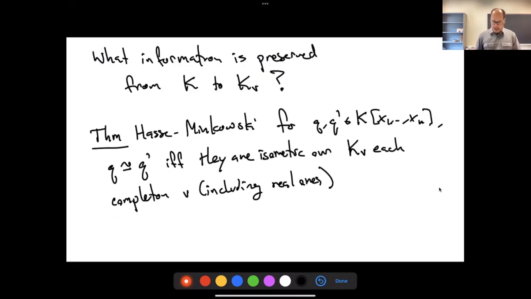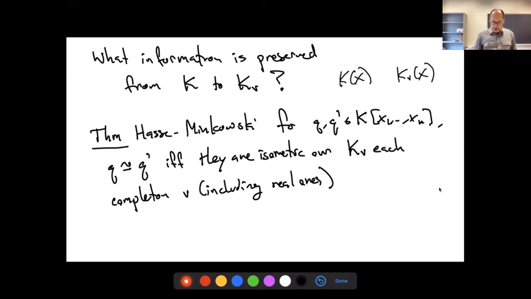But we could ask more generally. Okay, so we'll be unperturbed by that somewhat defeat and ask now instead, what information should we expect to be preserved when we go from a number field to its completion, or similarly from one of these fields to these completions?